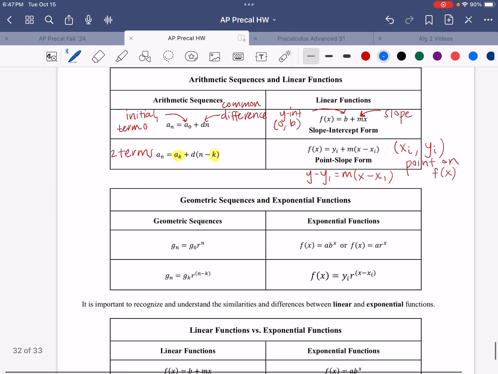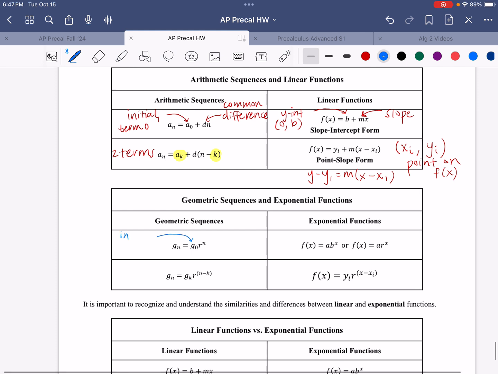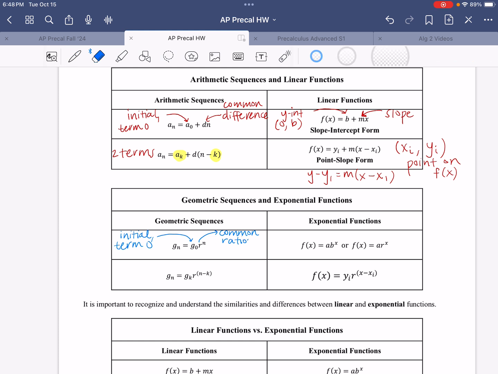Okay, so our geometric sequence, we said that if we know the initial term, or term 0, then it would be that value times r to the n power, where r is our common ratio. Oops, it's hard not to put an n on the end of ratio when you write the word common. I don't know. Maybe it's happened to you too.